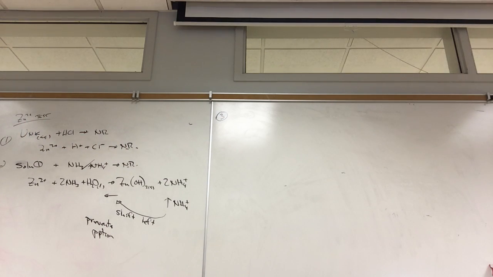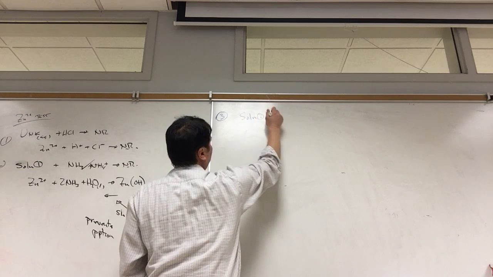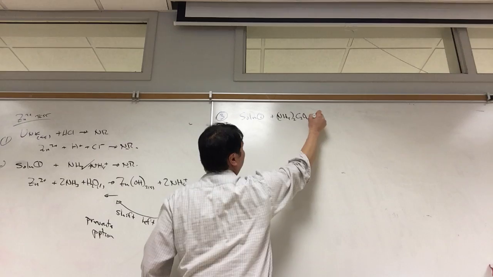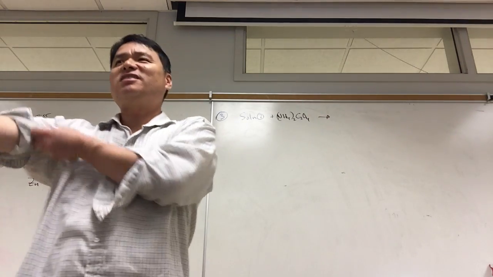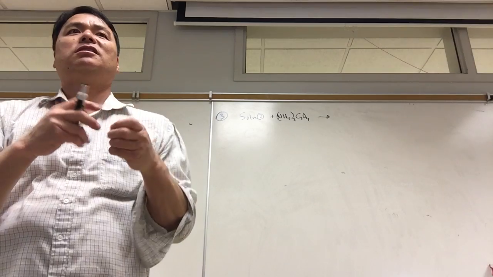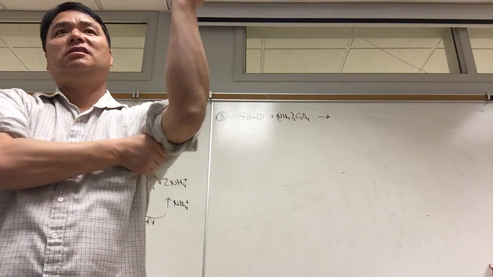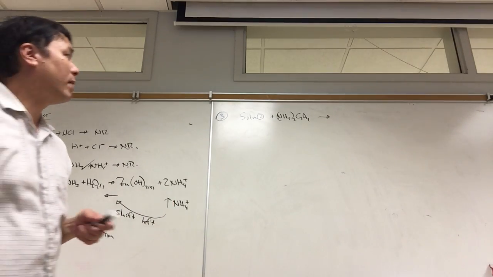Step 3. Okay, then what? Yeah, then we're adding ammonium oxalate. So it's solution 2 plus ammonium oxalate. What should happen to the zinc? Will the zinc precipitate out as zinc oxalate? Do we get zinc oxalate, a white precipitate?